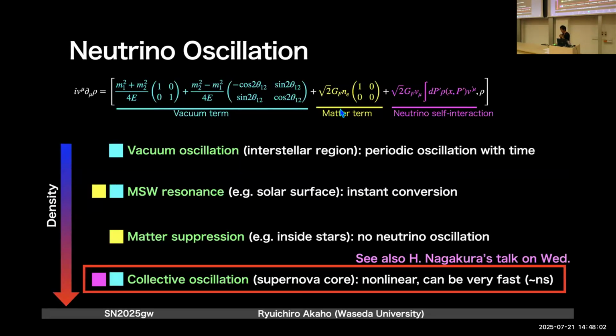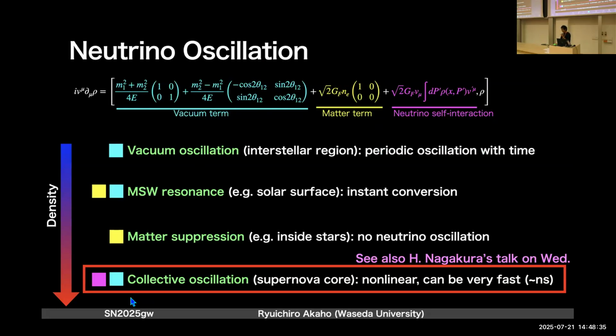The collective neutrino oscillation part. Here are the neutrino quantum kinetic equations: you have the vacuum term, the matter term that comes from the interaction with electrons, and the neutrino self-interaction terms. As in the solar neutrino problem, vacuum oscillation, MSW resonance, and matter suppression are known to be very important.